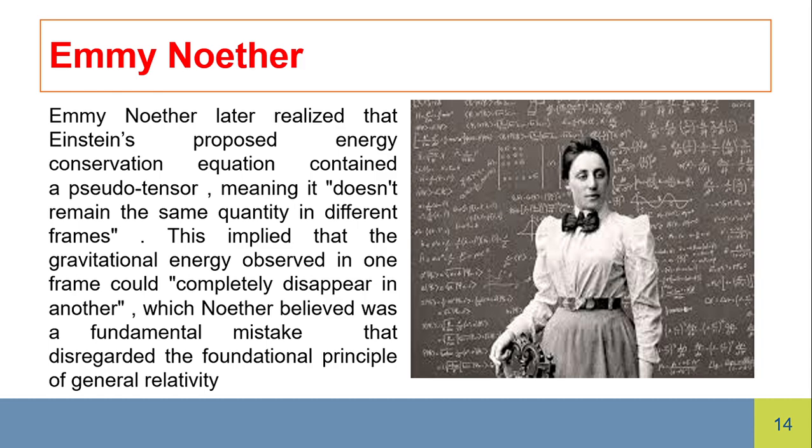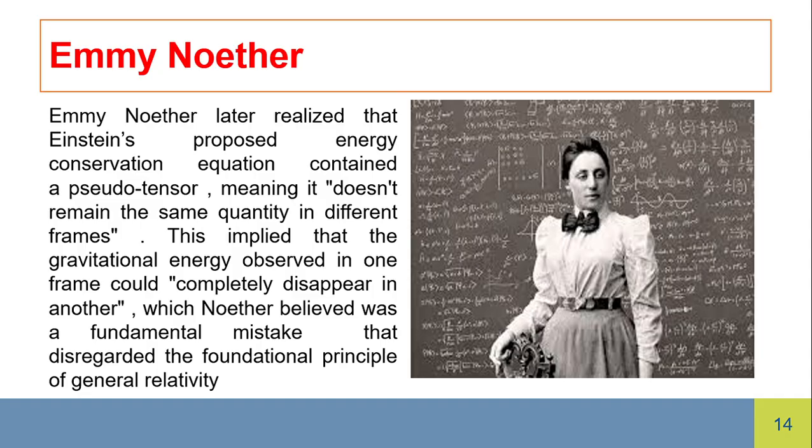To understand this pseudotensor, we have to understand what a tensor really is, starting out with a scalar or a vector. If there is a triangle and there are coordinates, we can give the triangle a sum of 2, and if the coordinate system is changed, it will remain the same. This is also the case for a tensor, but a pseudotensor does not remain the same quantity in different frames.